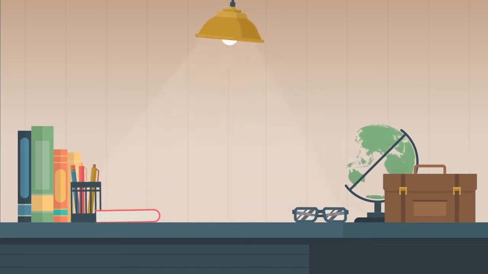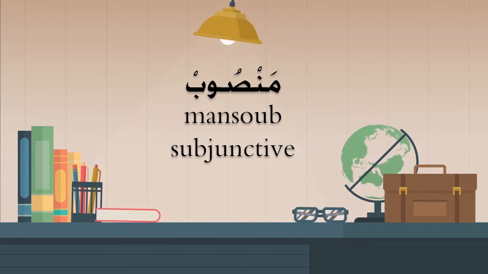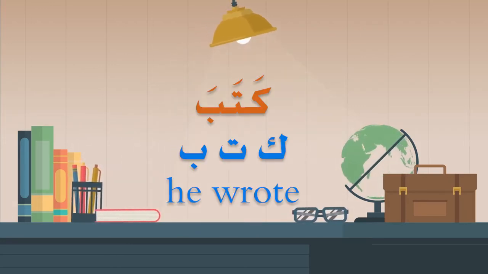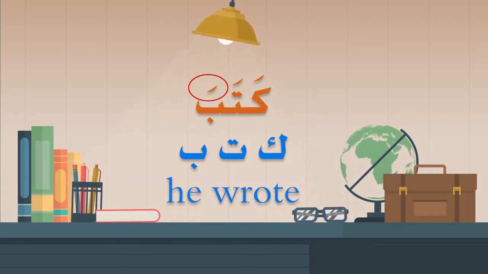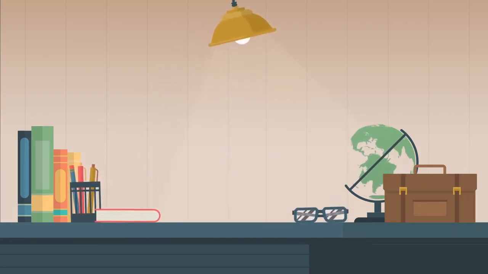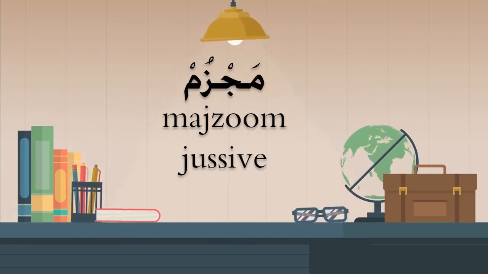The second case is the subjunctive case, in Arabic mansoob. The word is usually ending in a sound, and we can notice that we have fatha on the last letter. The third case is the jussive case, which in Arabic is majzoom.